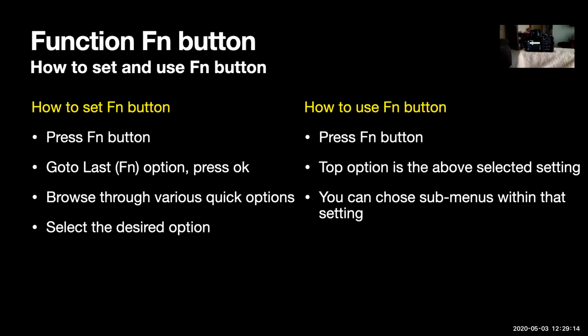See, ISO is all about light sensitivity of your sensor. The moment you increase the ISO, it starts graining. When you look at it on a smaller screen, it may look fine, but if you look at a larger screen, it will not have much of a difference even if you increase the size of the file.